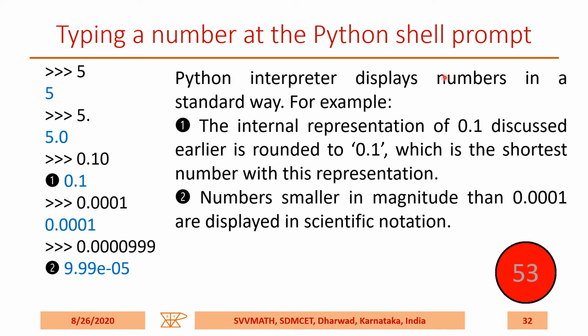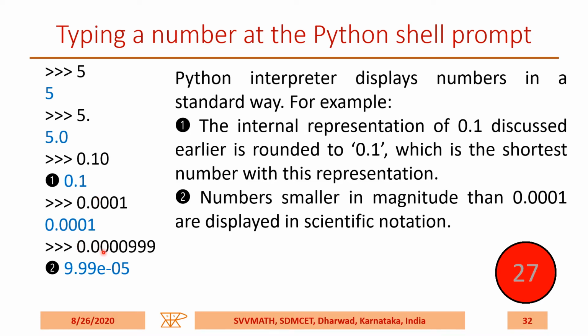Python interpreter displays the number in a standard way. The internal representation of 0.1 discussed earlier is rounded to 0.1, which is the shortest number with that representation. And numbers smaller in magnitude than 0.0001 are displayed in scientific notation. Because this number was 0.0001, it is displayed as it is.